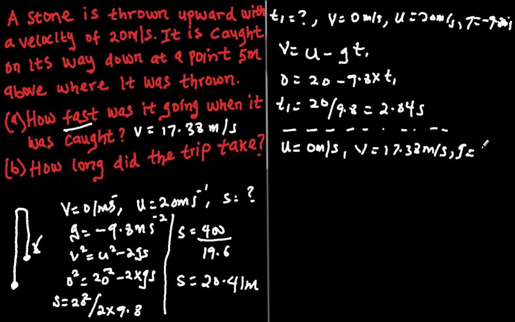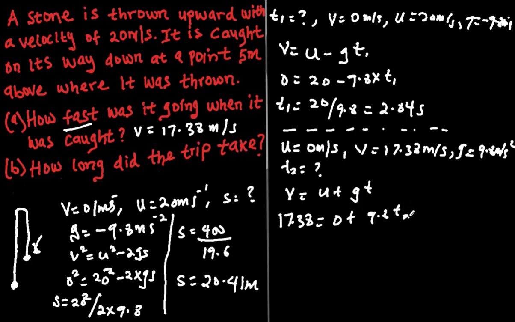So let's make G equal to positive 9.8 meters per second squared. Now we are looking for T, so T2. So we say V equals U plus GT. Alright. We have 17.38 equals 0 plus 9.8 T2 in this case. So T2 is going to equal 17.38 over 9.8.